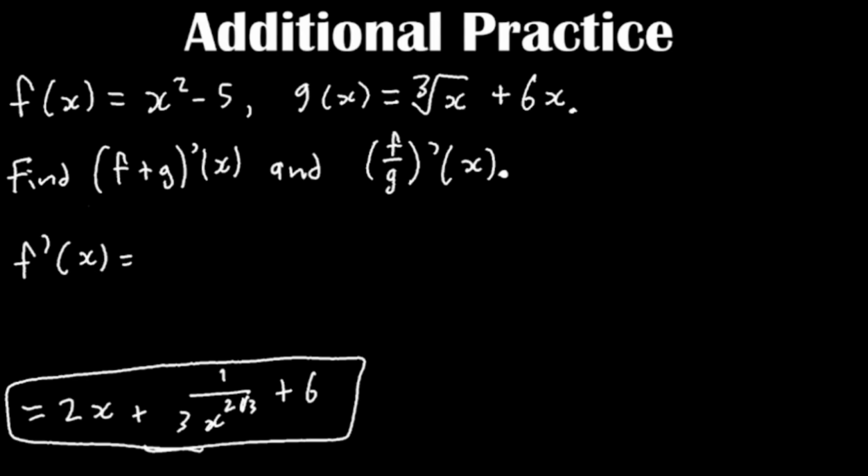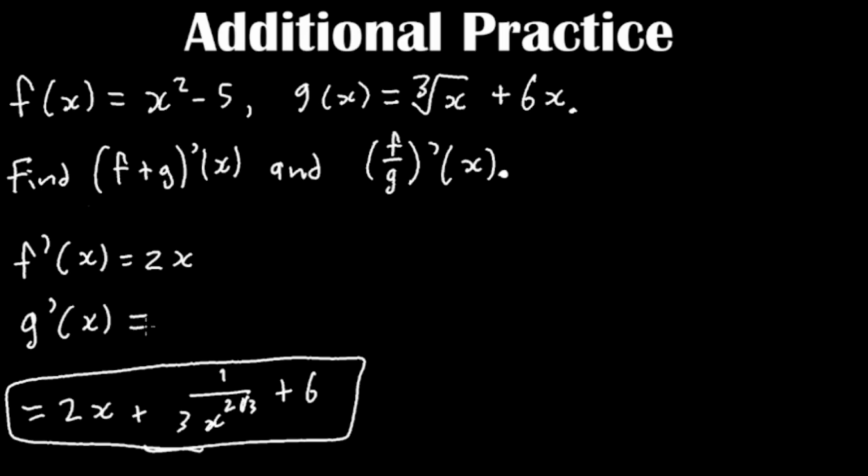F prime of x, we kind of already found that. We differentiated both of these terms separately. So x squared, we bring that 2 down, and then drop power by 1. So 2x to the 1, that's just 2x. That constant just goes away when you take derivative.